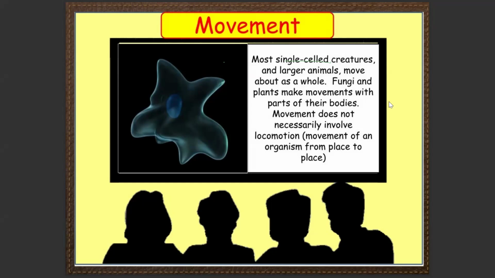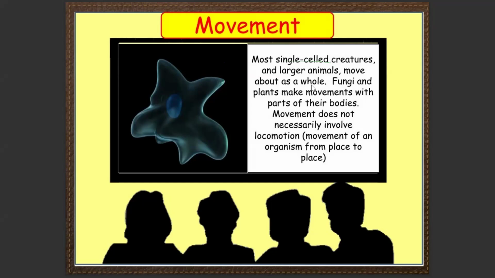Their height is different. Why? Because the growth of different parts is different. But animals and single cell creatures move as a whole, while fungi and plants can move their body parts. It is not the case that they need to move as a whole. Are you getting my point?